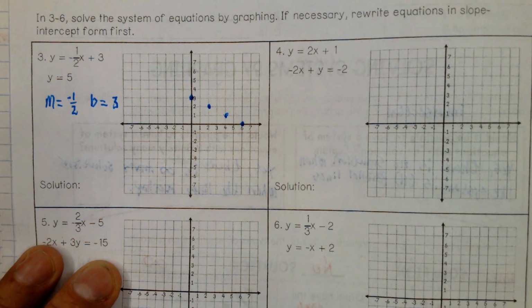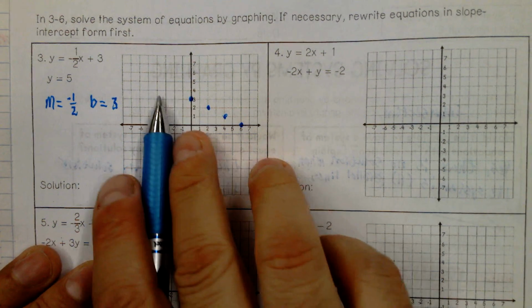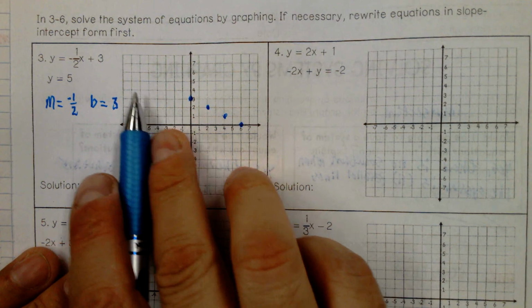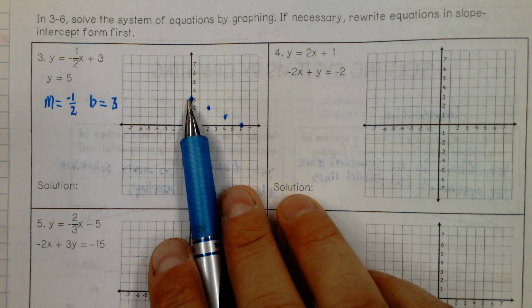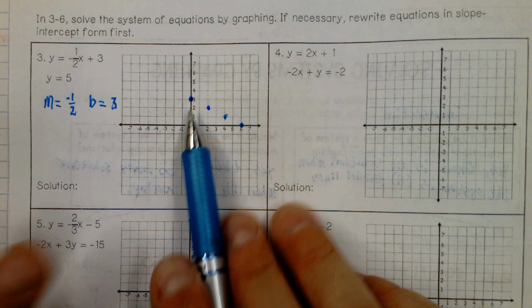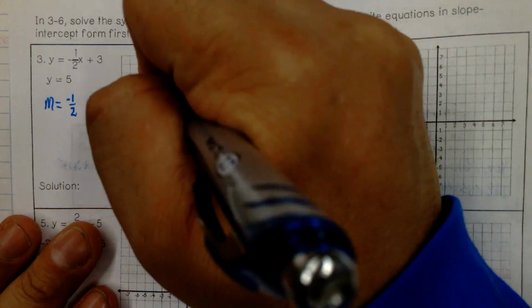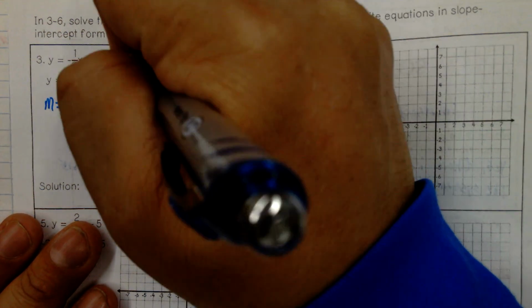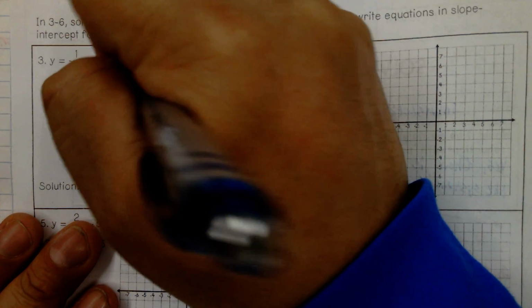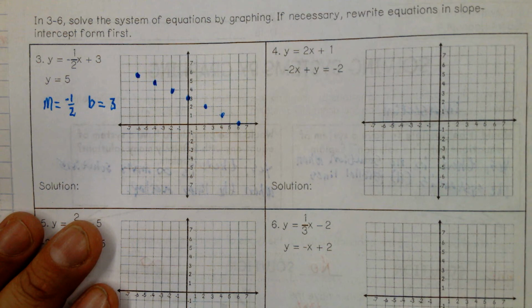Okay. And just to be on the safe side, the solution may be up here. Let's do the reverse. Instead of down 1 to the right 2, let's go up 1 and to the left 2. Right there. Because you never know where your solution is going to be.